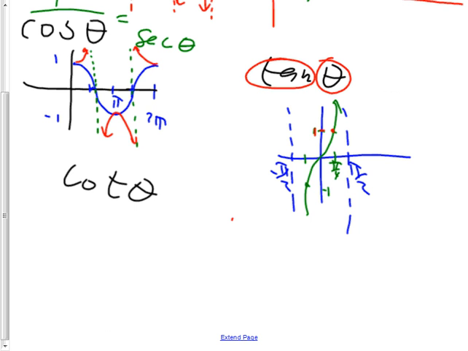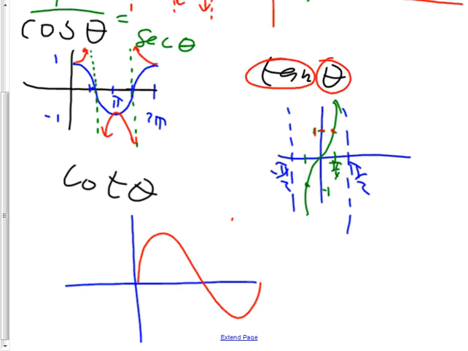Cotangent's graph would look similar, but it's shifted over because cotangent is cosine over sine. So wherever sine hits 0, which is like here and here and here, it needs asymptotes there.